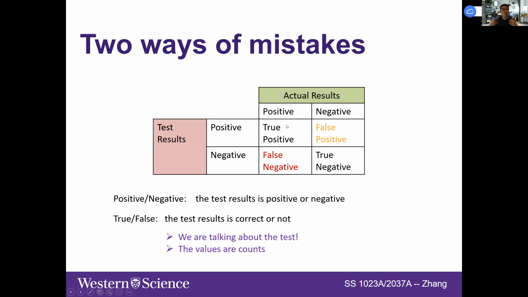So when we talk about the true positive in the COVID-19 test, that statement is referring to the count of the combination of the positive in the test and the positive in the actual results. Okay, any question about this?